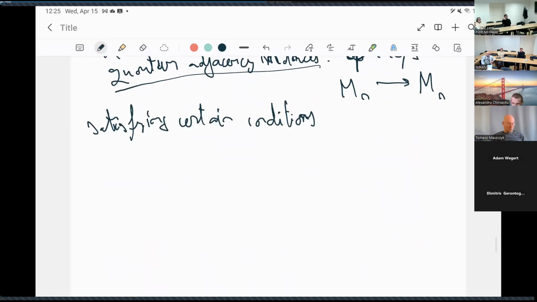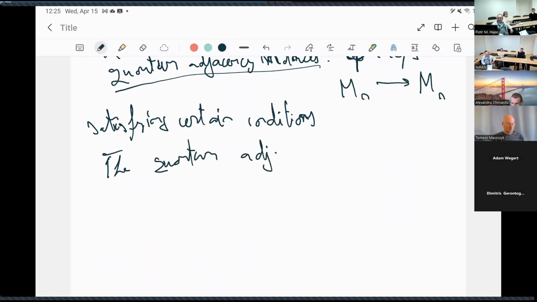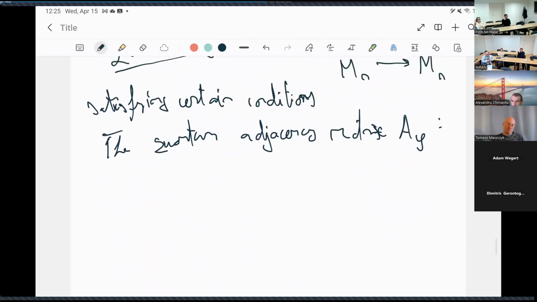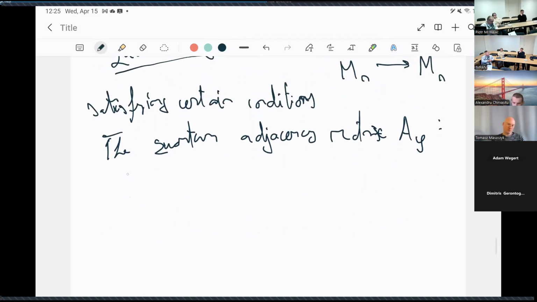So the quantum adjacency matrix A_S, A for adjacency, and also decorated by the S, so you know it corresponds to S. You make it like this. So I want a CP map from Mn to Mn. You take your S, you pick an orthonormal basis for it with respect to the Hilbert-Schmidt norm.